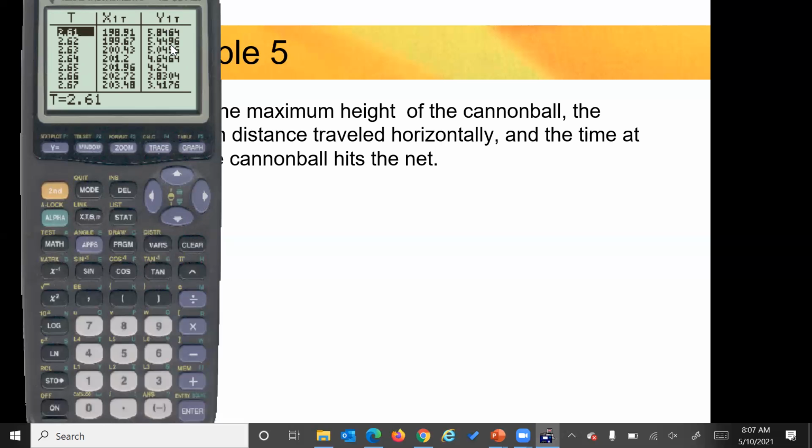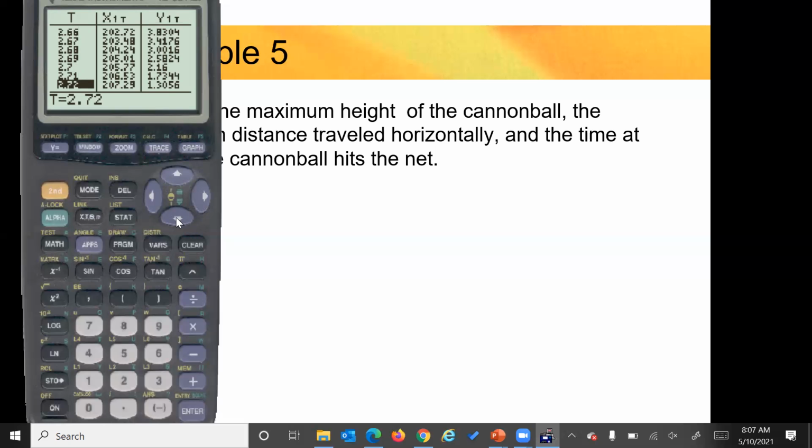Are we good? As we go down, notice the height is coming down, so that's what, 3 feet above the ground? I can't go down with the arrows. Is your calculator doing something funny? Click enter, and enter again.